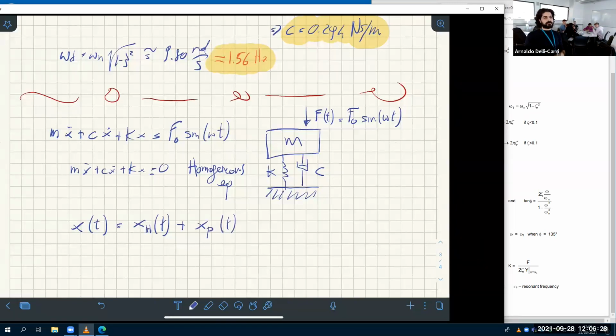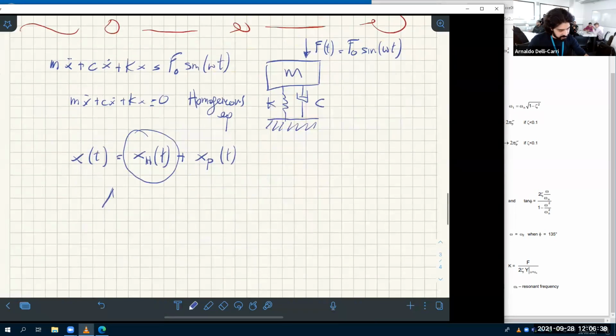It looks very complicated because this thing, remember, is A e to the minus zeta omega n t sine omega d t plus phi.